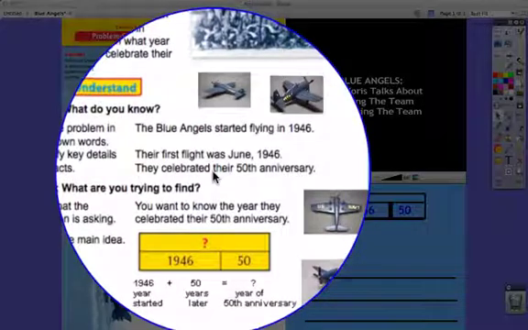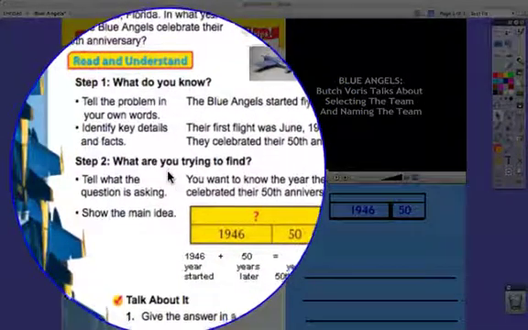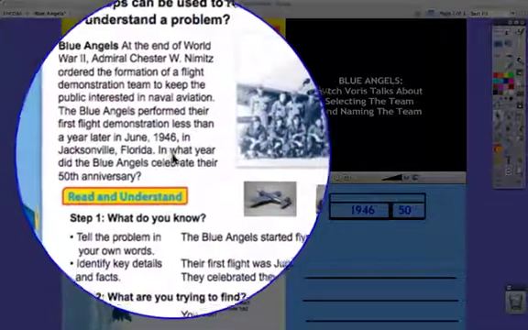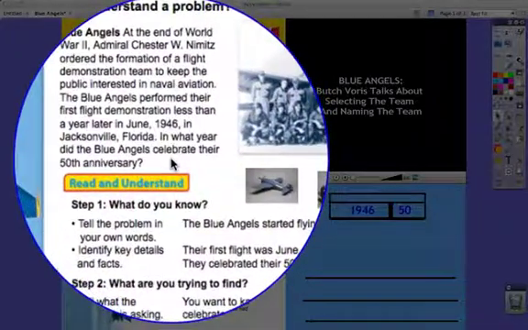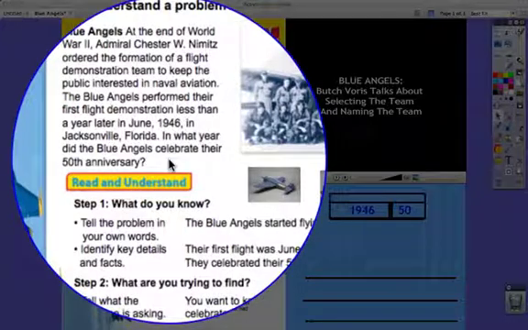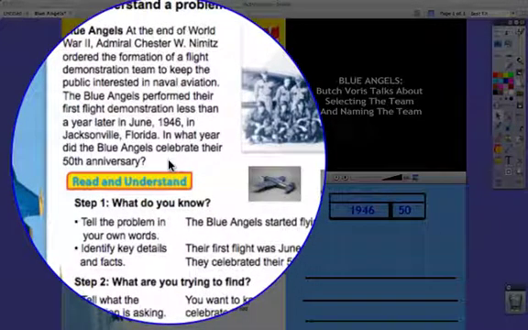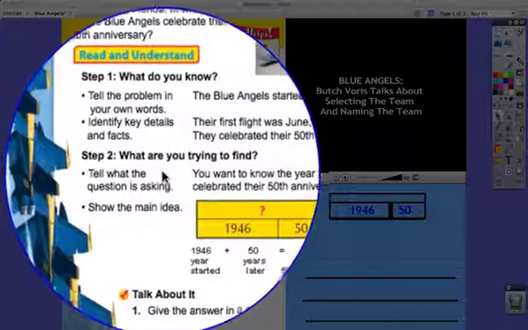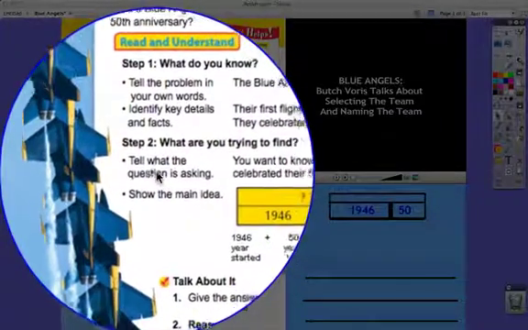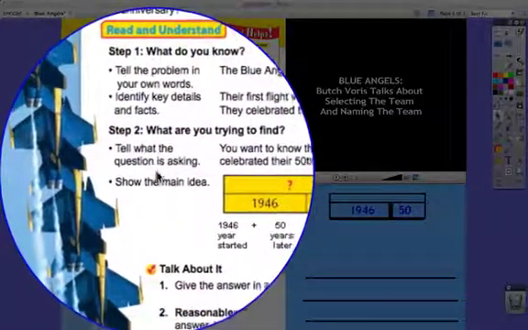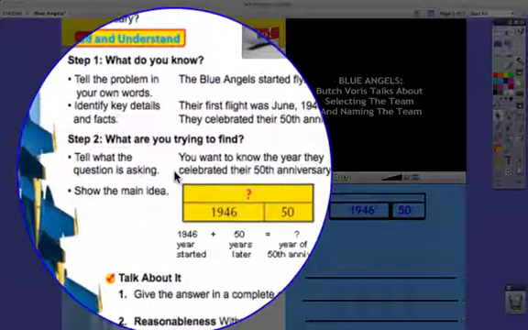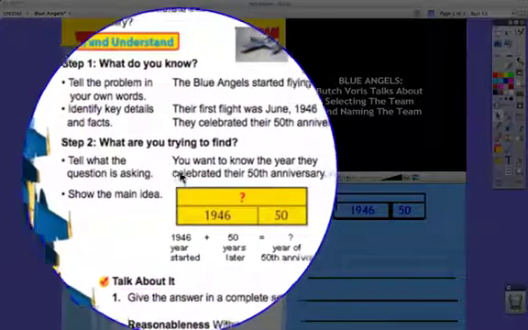Now, step number 2. What are you trying to find? Well, that takes us back to the question again. In what year did the Blue Angels celebrate their 50th anniversary? This bullet says tell what the question is asking, so you pretty much want to repeat what the question says, as you can see right here.